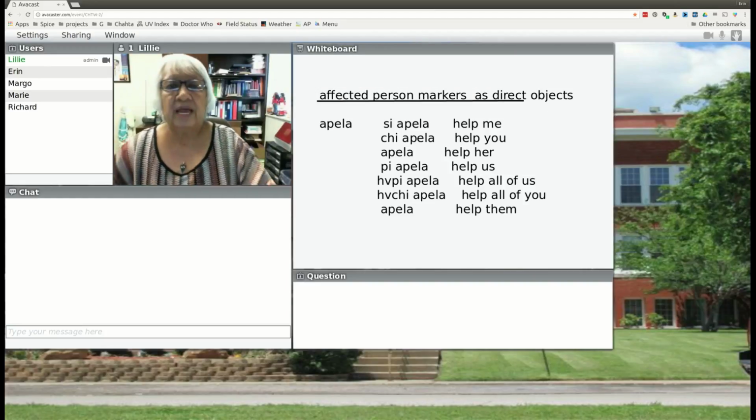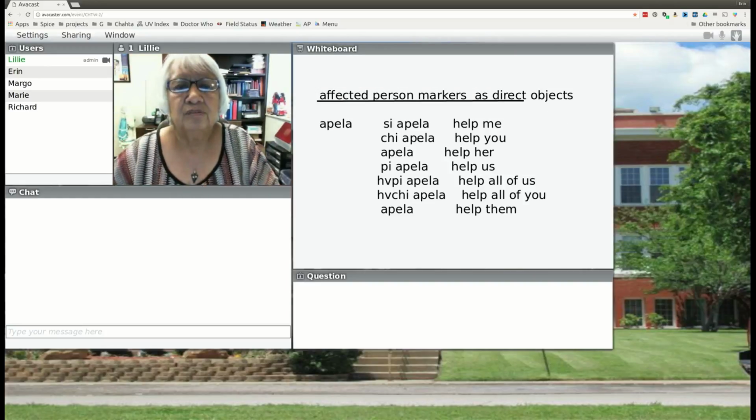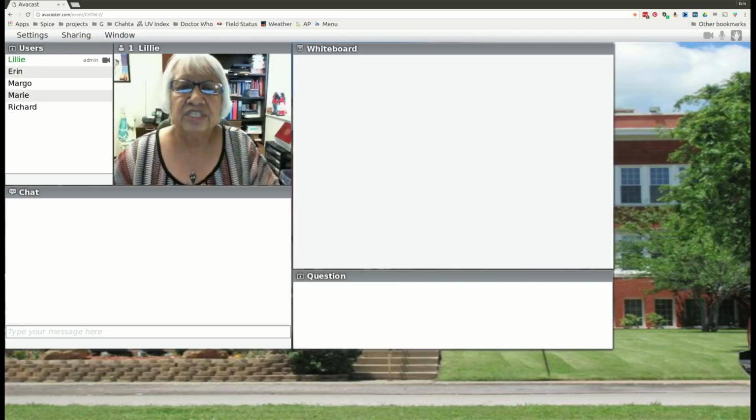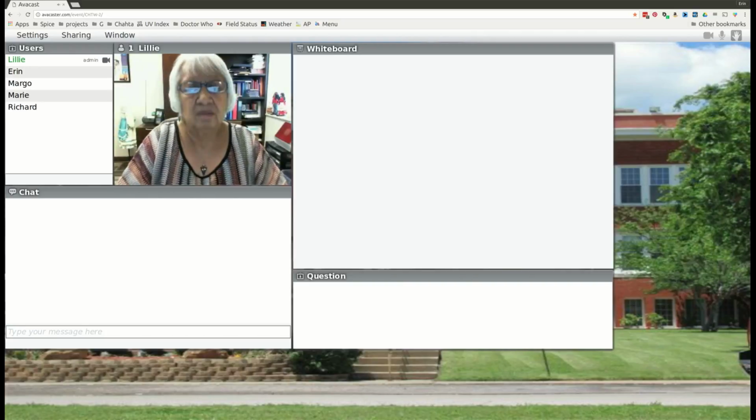And then the same thing would happen if we use the term hoyo. The only thing that would change here would be you're going to change si to sa.